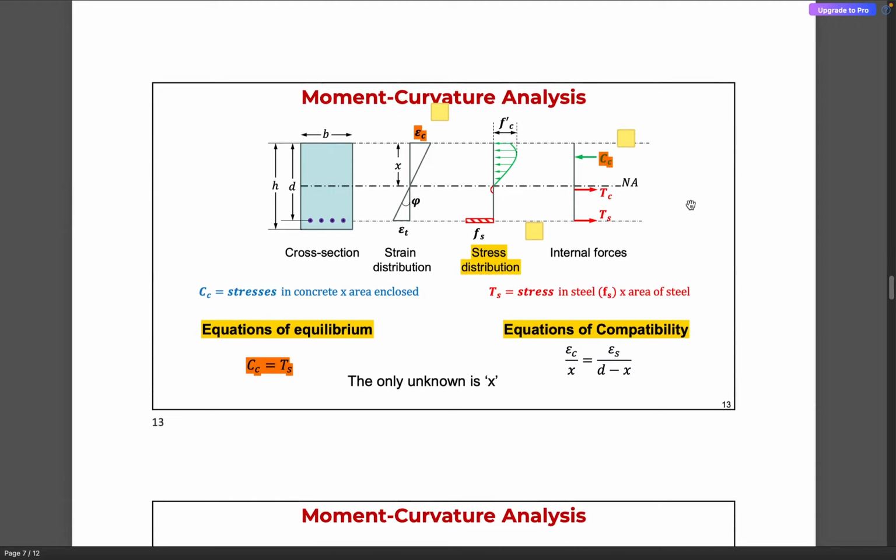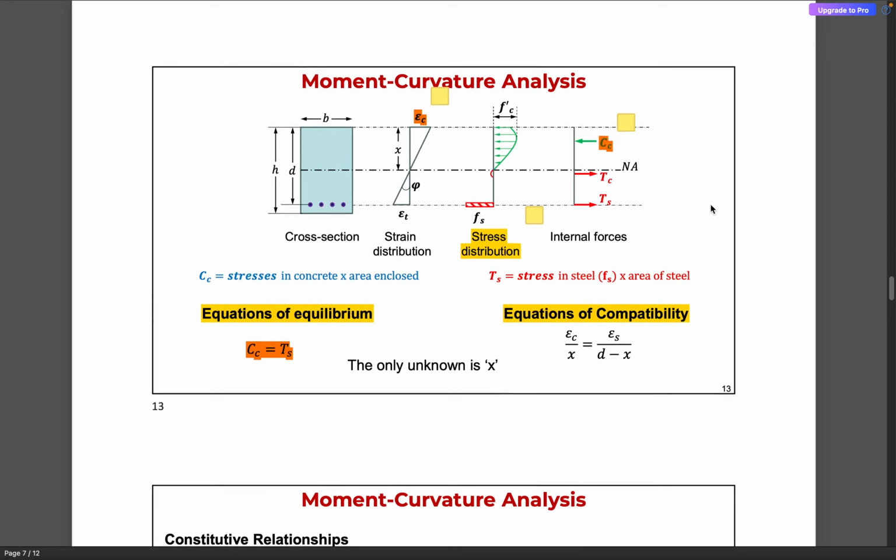It is simply the relation between the curvature and the moment developed. If a beam undergoes rotation, or if the curvature is phi, then what is the moment developed? We are going to plot, for different values of curvature, what the moment is, and this will help us to assess the flexural behavior of a beam.